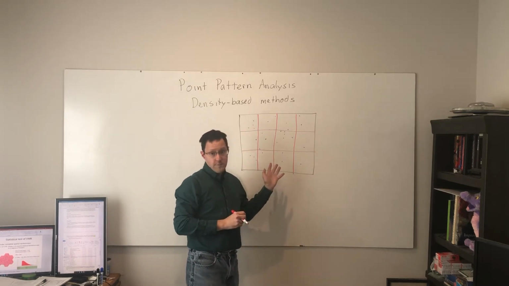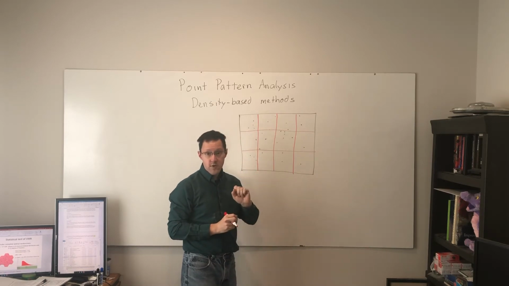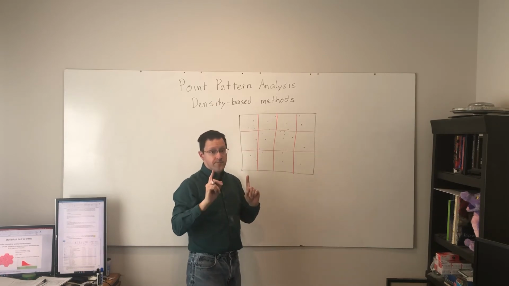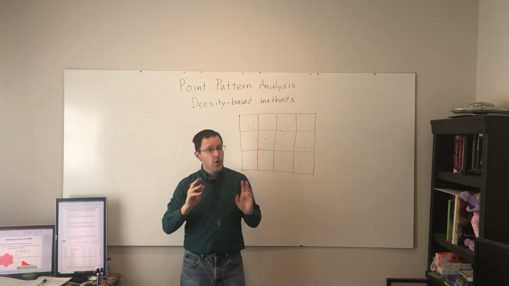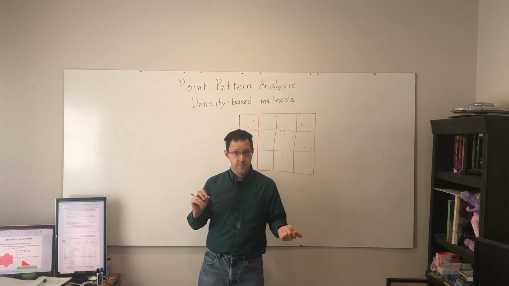So I put a grid down here. In this case, pretty small, 12 grid cells. And for both of the approaches, for both of what we're doing, we will count up how many points are in each cell.